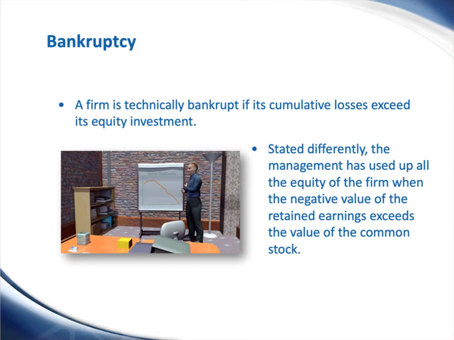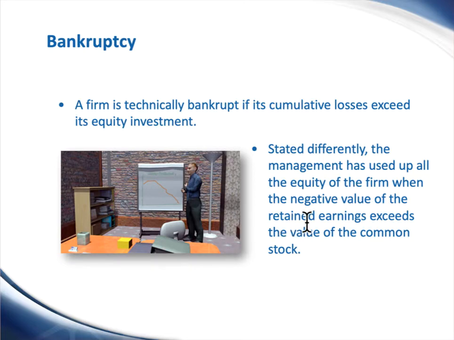Let's talk about bankruptcy for 1 second. A firm is, of course, technically bankrupt if its cumulative losses exceed its equity investment. That means your management has used up all the equity of the firm and now has negative value in retained earnings.